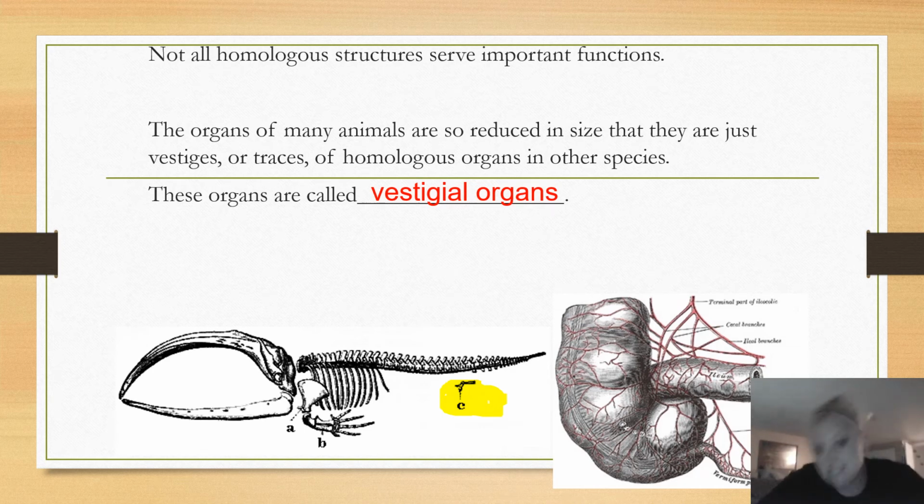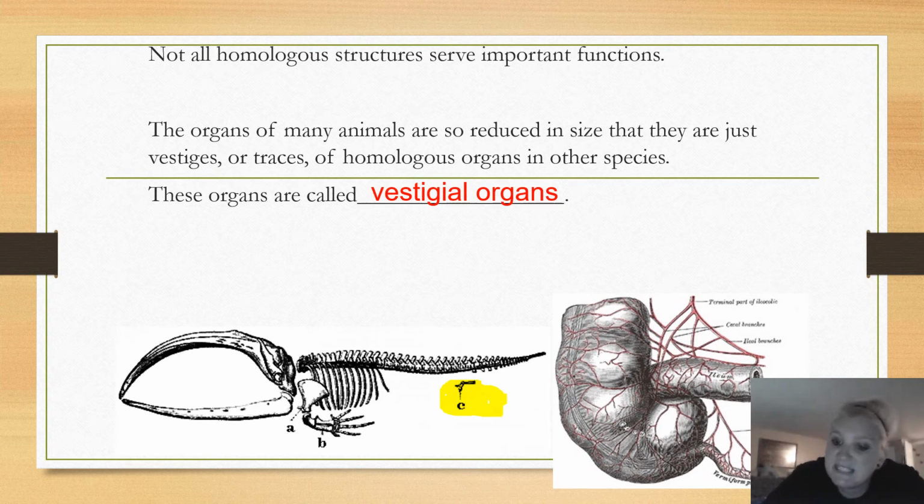This is called a vestigial organ or a vestigial structure. It is when organisms that have some relationship, so like us and the whale are related because we're both vertebrates, we're both mammals. I have a pelvis, it does too. It doesn't use it, so it's really, really small.